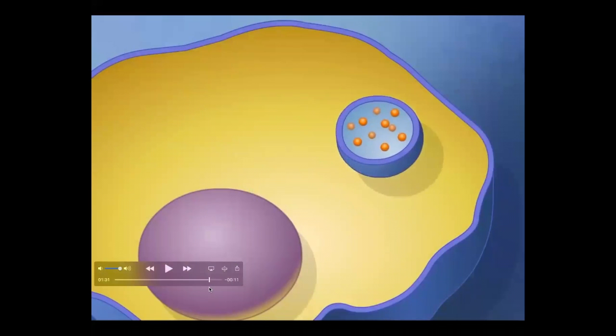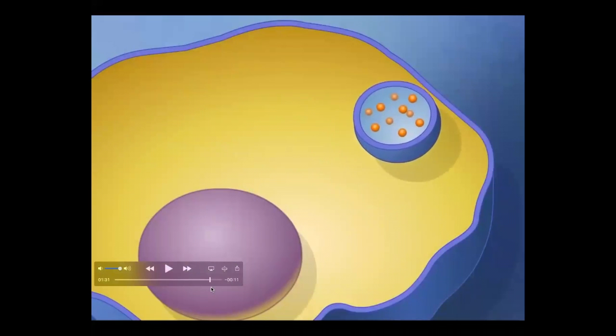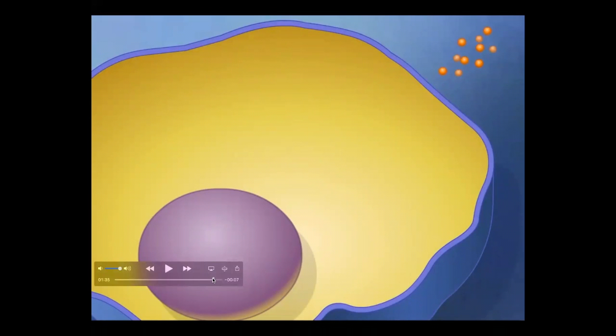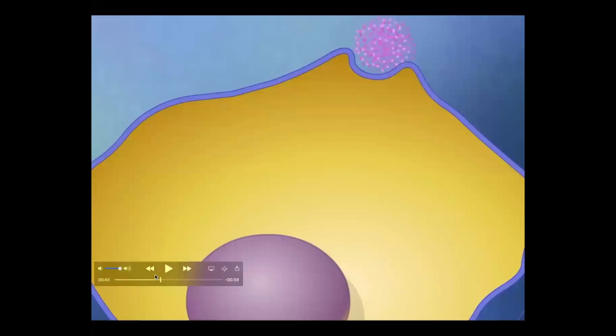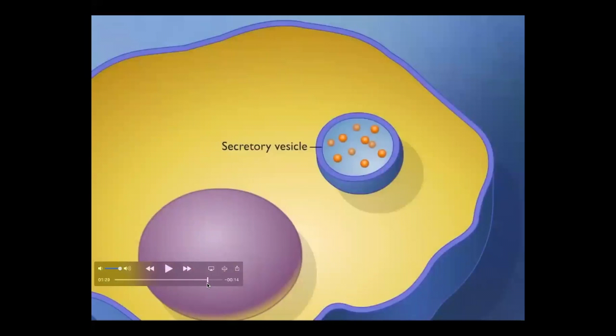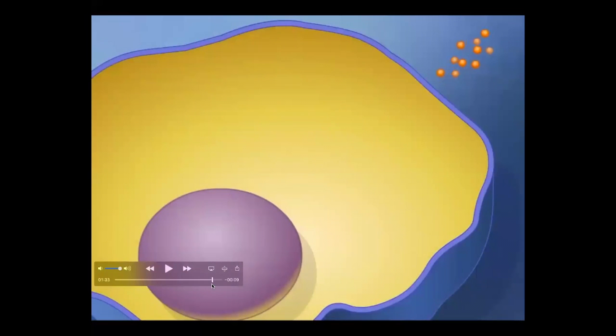And we can do the same thing. We can exit. We can make that vesicle reattach and kick all the stuff out. Exocytosis. So, endocytosis, dragging stuff in. And exocytosis, kicking stuff out.